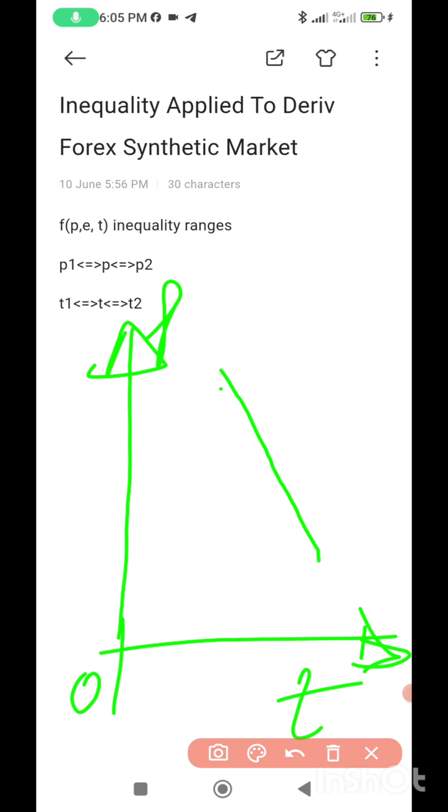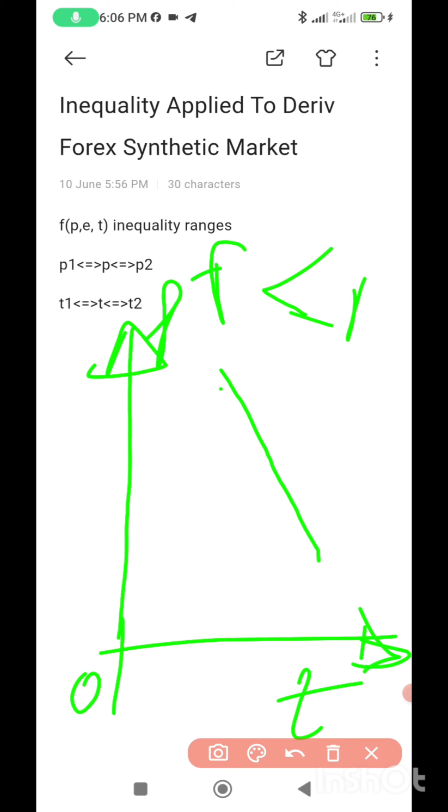Since the market is going downwards, our price function is going to be in the form of f is less than, not necessarily 0, but some range, because price cannot be less than 0. So f is less than R, and this R is a range of values at a certain interval of time.